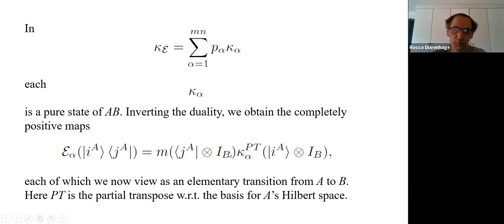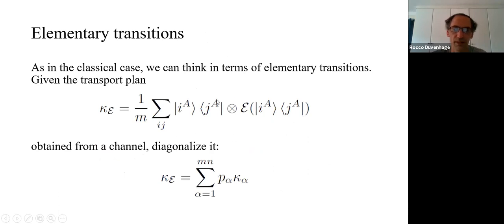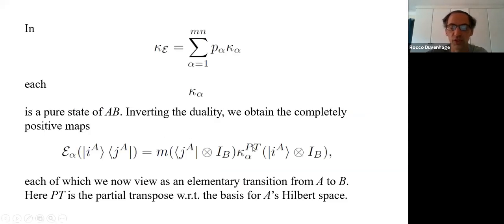And if you study the mathematics behind this carefully, you'll see that because I'm choosing a basis, or more precisely a maximally entangled state, there is a certain effective choice of basis, and a transposition relative to that basis then becomes relevant.